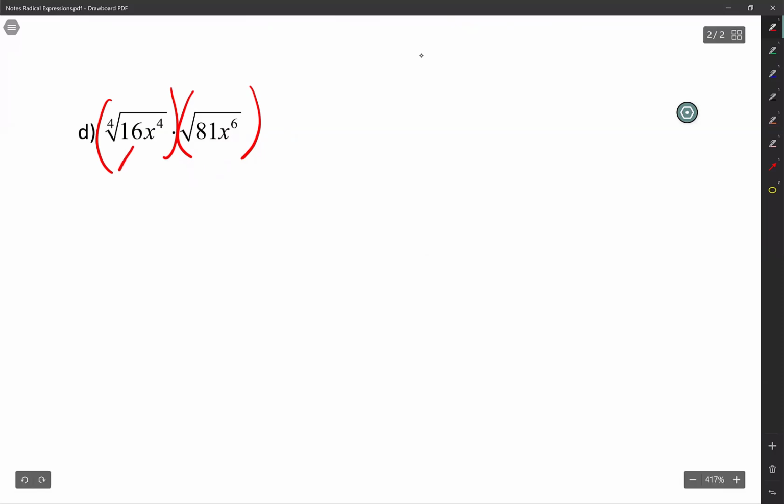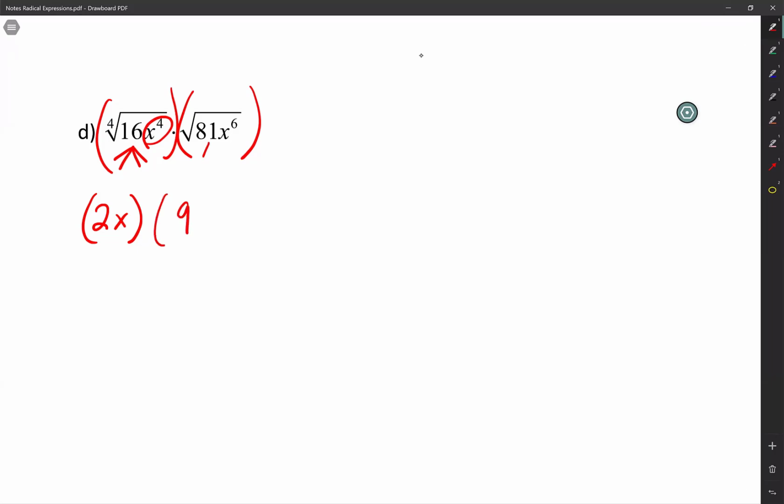So is there a number that multiplied by itself... I think we did that one earlier. The fourth root of 16 is 2. And look, they're making it easy for me: the fourth root of x to the fourth is x. So I have 2x. And on this one on the right, it's a square root. If there's no number in there, that means it's a square root. The square root of 81 is 9.